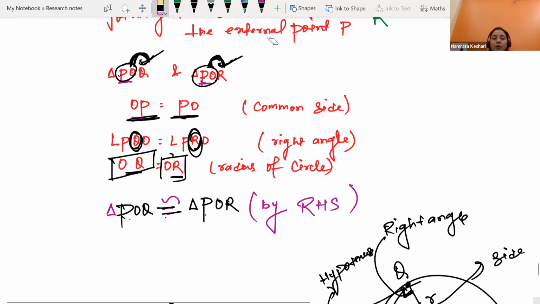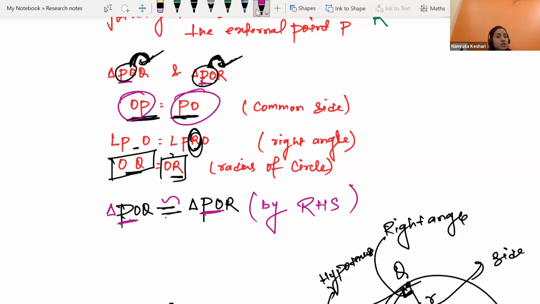What does it mean, writing the name properly? So the information we have is that OP is the common side, and angle Q and angle R are both right angles. These three pieces of information, which we used to apply RHS congruency, are enough to write the proper name. Okay, OP and OP must be in the same sequence, and we have maintained the same sequence. Now angle Q over here and angle R over here, these two are the same, both must be sitting at the same place.